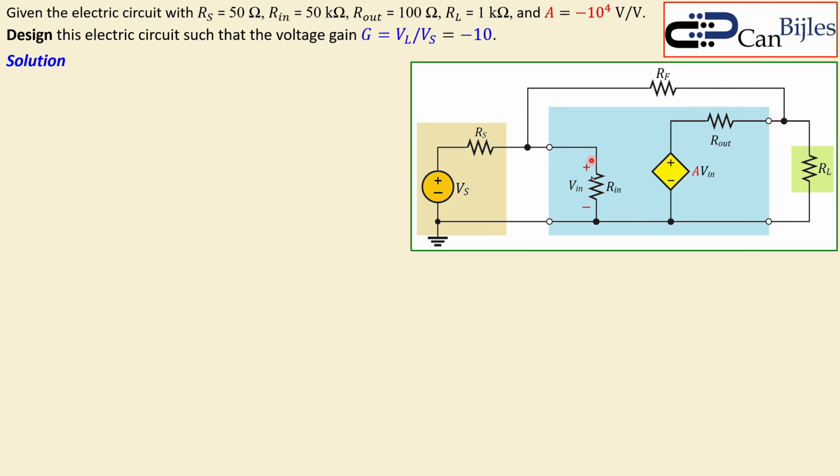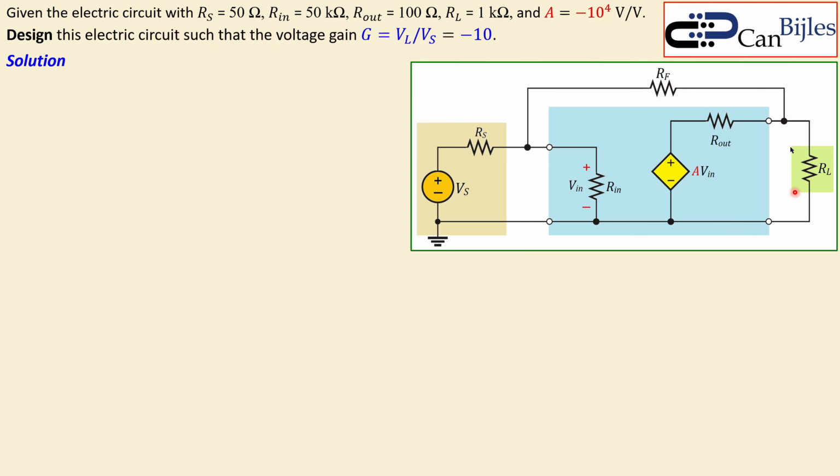This voltage here, V in, is multiplied by minus 10,000, and it is produced in this diamond shaped source. This is the dependent source in this model. What we want is to design the circuit such that the voltage gain, G, which is VL over Vs, is minus 10.